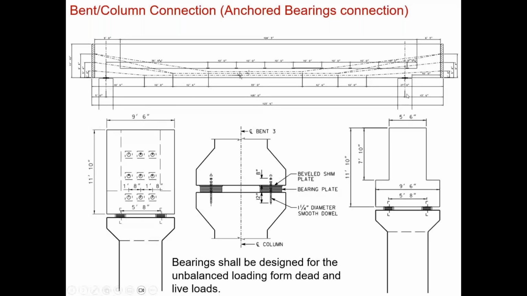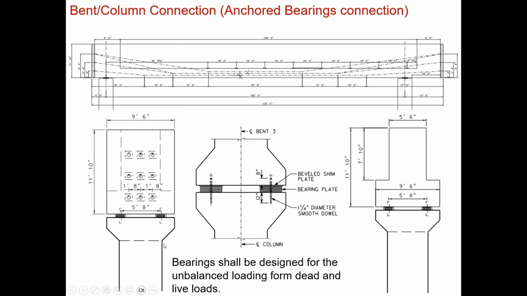However, in the out-of-plane direction, all the torsional effects that this cap is seeing and the out-of-plane forces need to be transferred through this bearing system with the anchors to the column. That can be achieved because the torque or the torsion on the cap can be resolved into a couple of forces, tension and compression, that can be carried by those anchors and transferred to form an out-of-plane bending moment on the column.